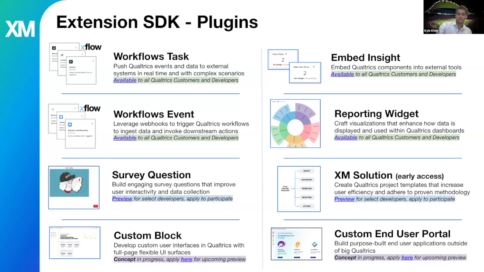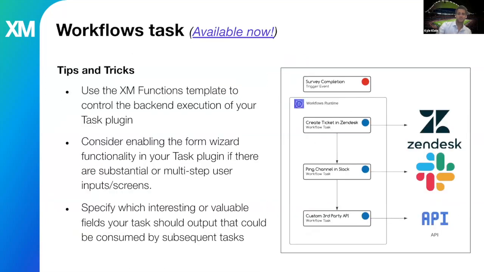So let's start with workflows, tasks, tips and tricks. I think the 3 main points to focus on here, as you look at the left-hand side, and a lot of these will be content-dense slides, because we want you to be able to use this presentation as a resource as you go through things.